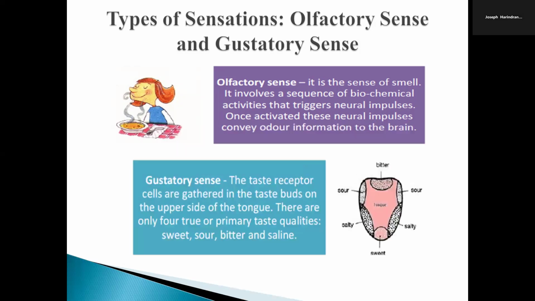Gustatory sense is the taste receptor, the tongue. You can see in this figure the bitter taste, the sour taste. The tongue has taste buds. On the upper side of the tongue, there are only four true or primary taste qualities: sweet, sour, bitter, and saline.